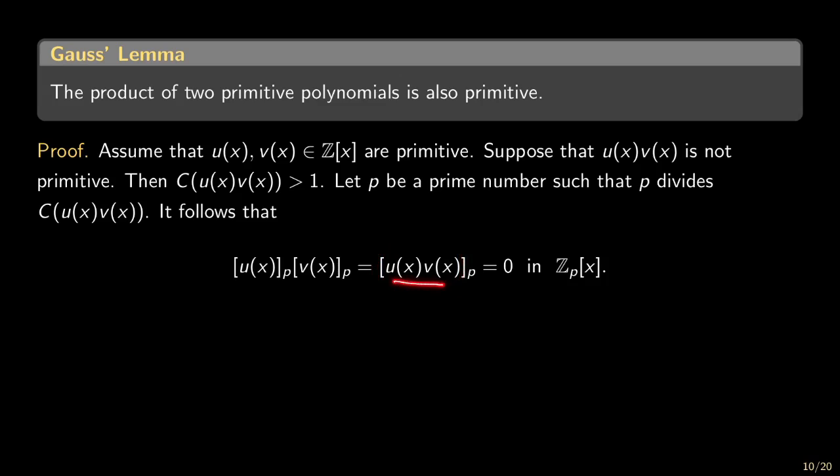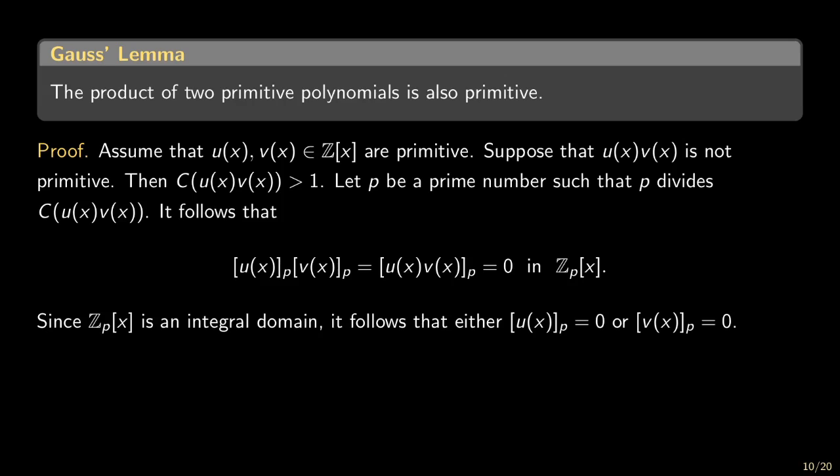And because u of x times v of x has a content divisible by p, meaning each coefficient is divisible by p, if we reduce that modulo p, then that polynomial is 0 as a polynomial in Z_p[x].